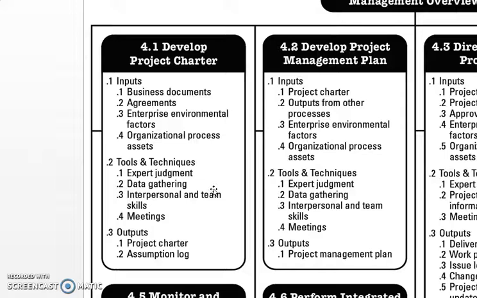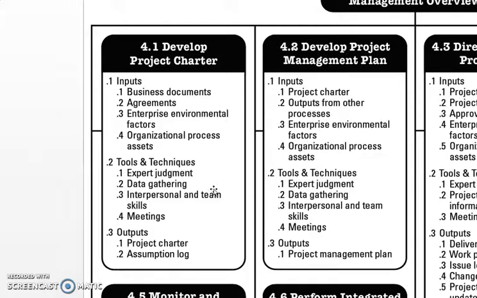The first process in project integration management is to develop project charter. Let us see what inputs are required to develop a project charter. Number 1, business documents. Number 2, agreements. Number 3, enterprise environmental factors. Number 4, organizational process assets.